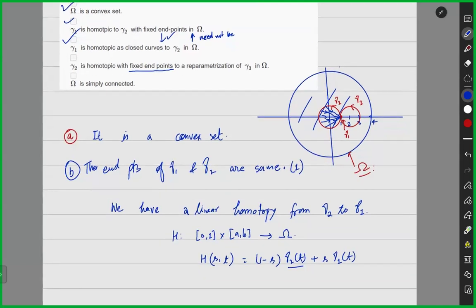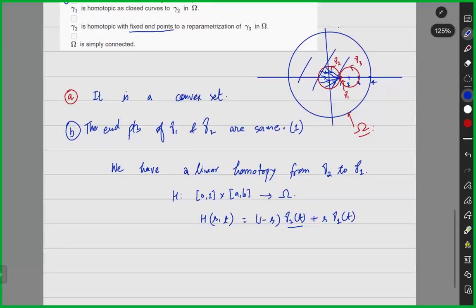What are the endpoints of gamma 1? So gamma 3? They are different. So for D, gamma 2 and any reparameterization of gamma 3, or gamma 3, have different endpoints.